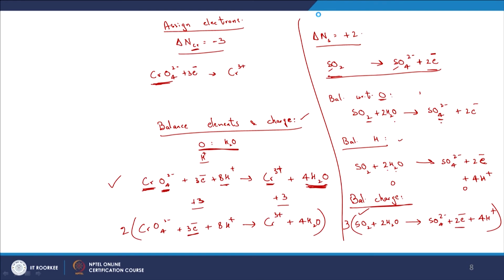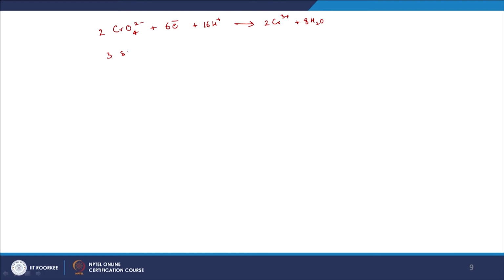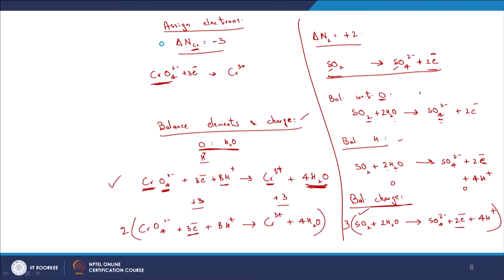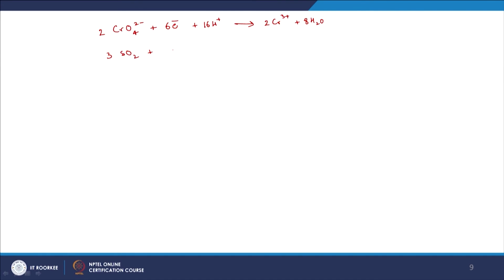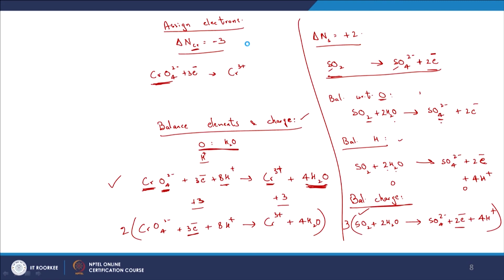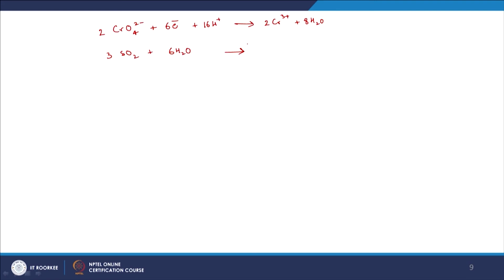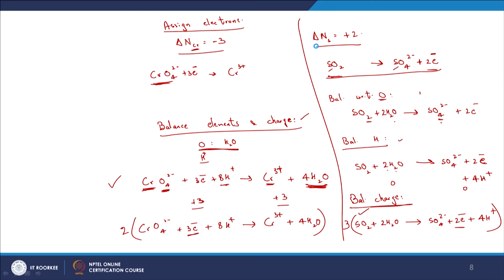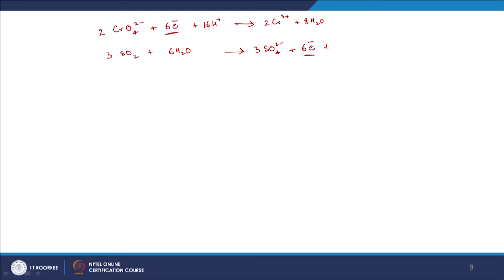And the other half reaction is going to be 3 SO2 plus 6 H2O equal to 3 SO4 2 minus plus 6 electrons plus 12 H plus. Now you see that the number of electrons being gained and lost is the same.